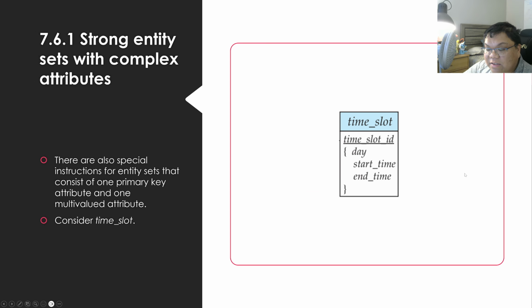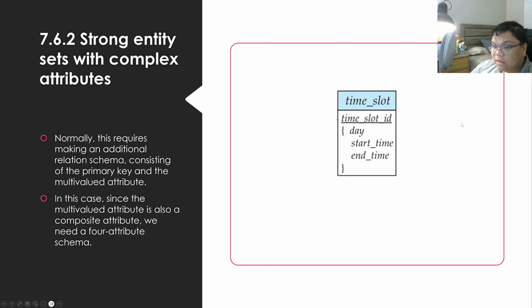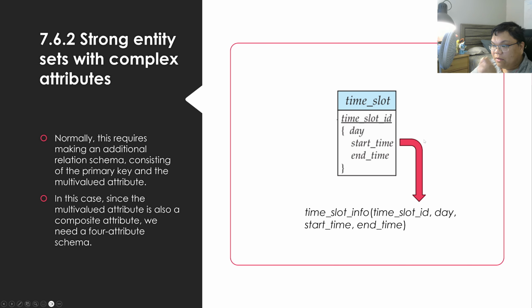There's a special case for if we have an entity set with only one primary key attribute and only one multi-valued attribute. So let's look at time slot. Normally, this requires adding an additional relation schema where time slot info, so day, start time and end time, that is a multi-valued attribute for time slot.